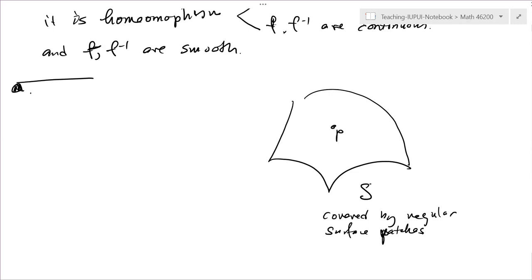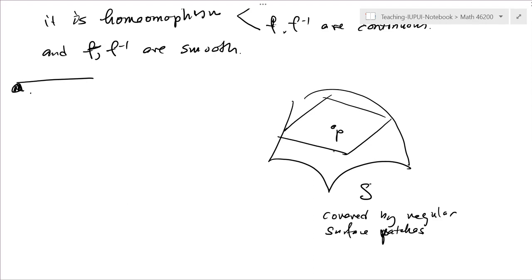Right, so I want to define the tangent plane. How to describe the tangent plane in space? Well, how do you know that's a tangent plane? You have to define the tangent vector. Okay.